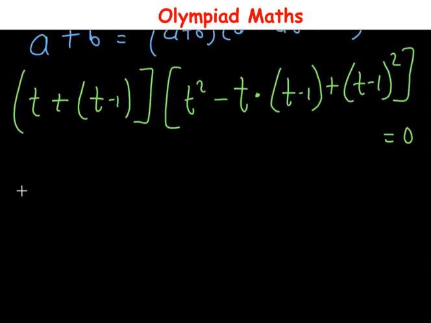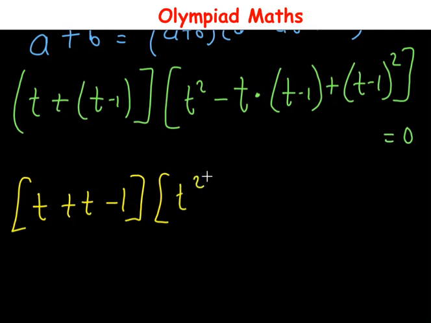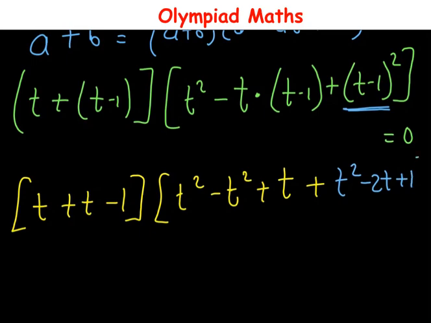From here, we have, in bracket, t plus times t is plus t, plus times minus 1 is minus 1, then multiplied by t squared minus t times t minus t squared, minus t times minus 1 is plus t, then plus the value of this is simply t squared minus 2t plus 1. So all is equal to 0.